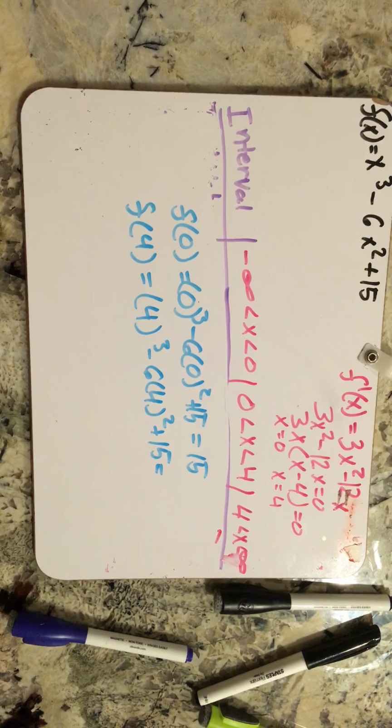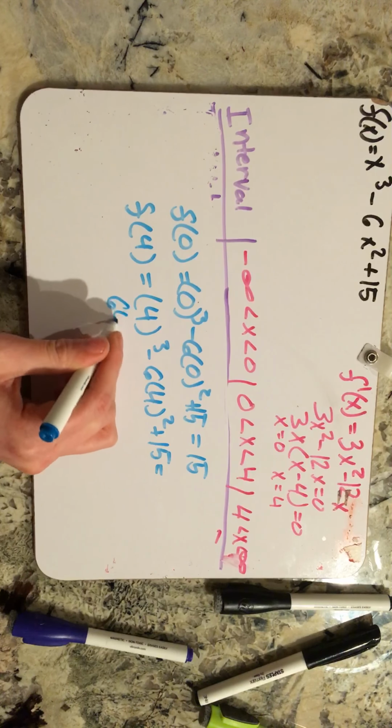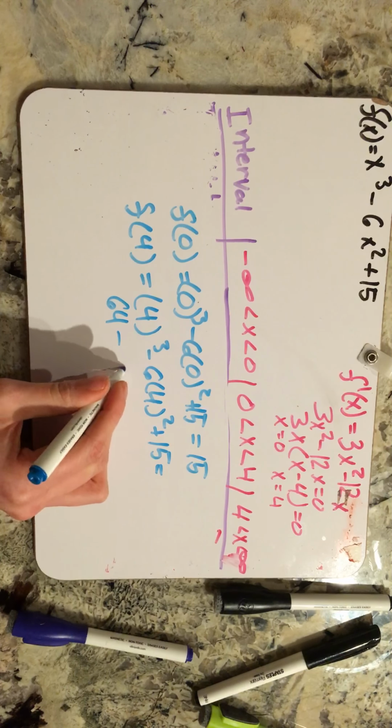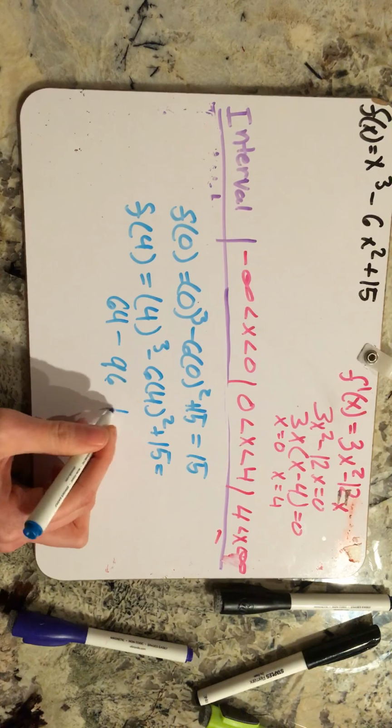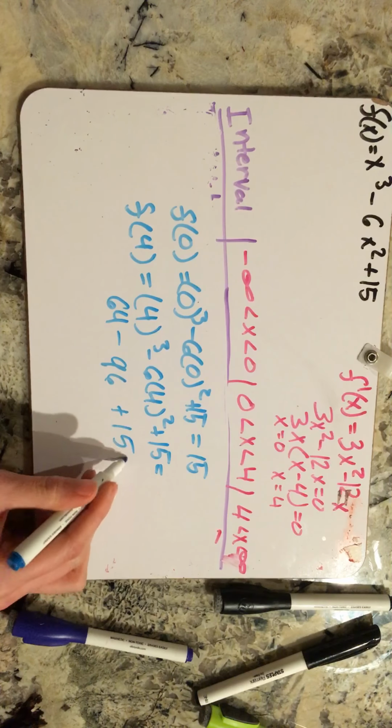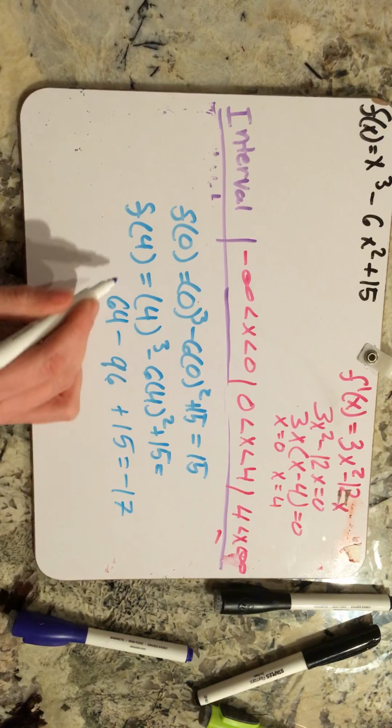Let's see here, 4 cubed is 64, minus 96 plus 15, so 64 minus 96 plus 15 is going to be equal to negative 17.